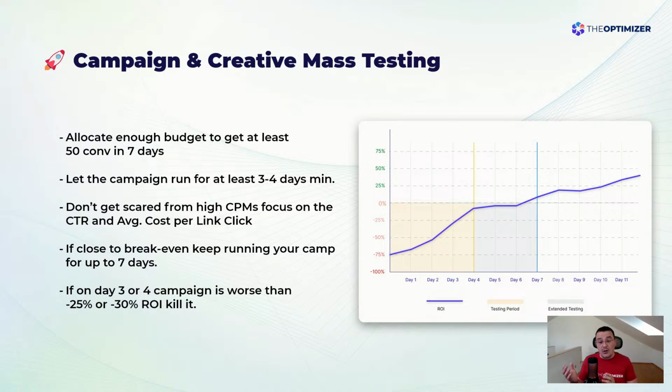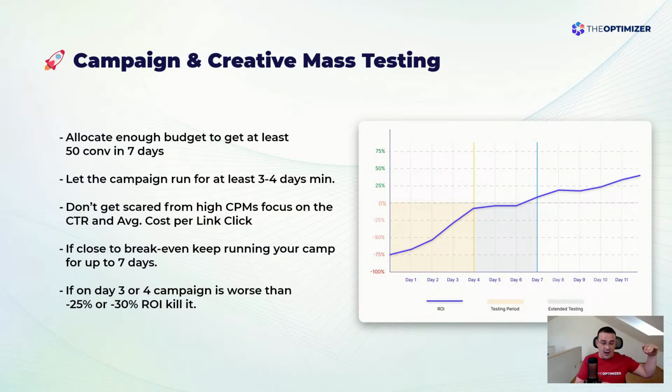And if you are close to break even in a new campaign, let the campaign run for at least 7 days. Don't jump to conclusions. Don't look at the last 4 days and say, oh, I'm minus 40%. Look at each day in the last 4 days to see a positive trend in the ROI of the campaign. If the ROI on a day-to-day basis is showing a positive trend, then you're dealing with something good.